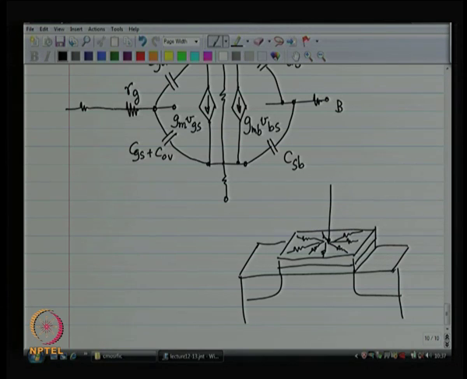All right. Now, in modern processes, the insulating material between the gate and the channel is not really an insulator, it is so thin that charge leaks through. In modern processes like 45 nanometer, 65 nanometer, 32 nanometer technology, the silicon dioxide layer between the gate and the channel is so thin that charge leaks across.